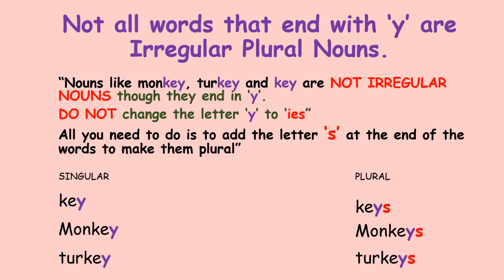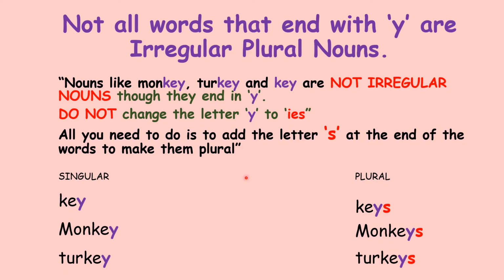But this rule does not apply to all words that end with the letter Y. Nouns like monkey, turkey, and key, though they end with the letter Y, you should not take away the Y and change it to IES to make it plural. Why? Because they are not irregular nouns. So if they are not irregular nouns, you do not change the letter Y to IES.